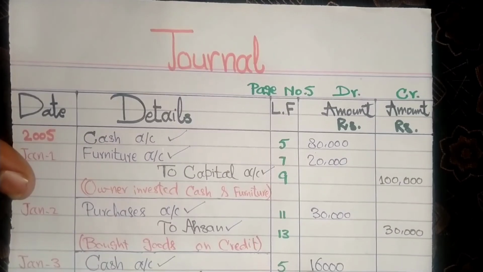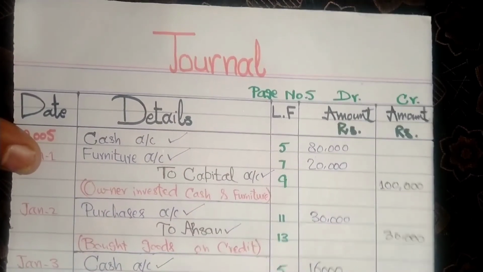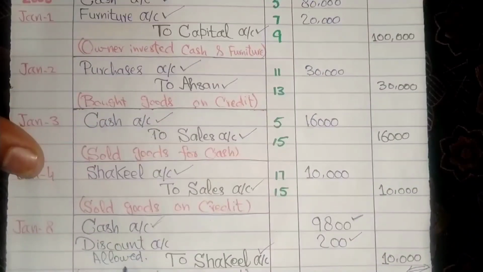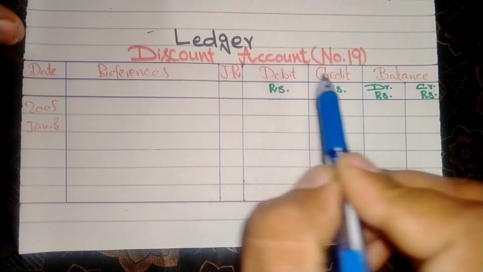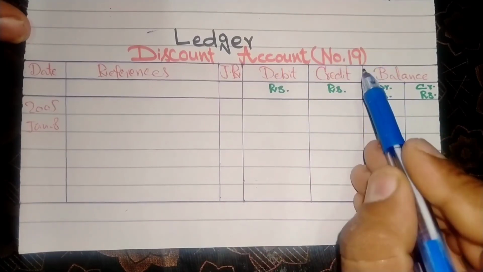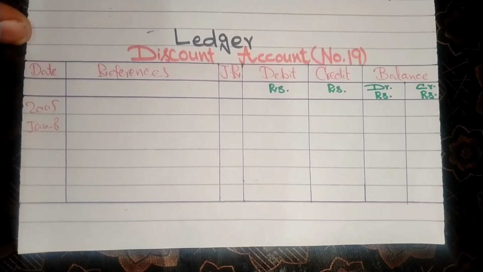Dear students, after making the ledger account of all the entries from journal account except one, discount allowed account, now we will make the last account. This is the format of ledger of discount allowed account with ledger folio number 19, year 2005, dated Jan 8th. So discount allowed account debited by Shakil account. Am I right?